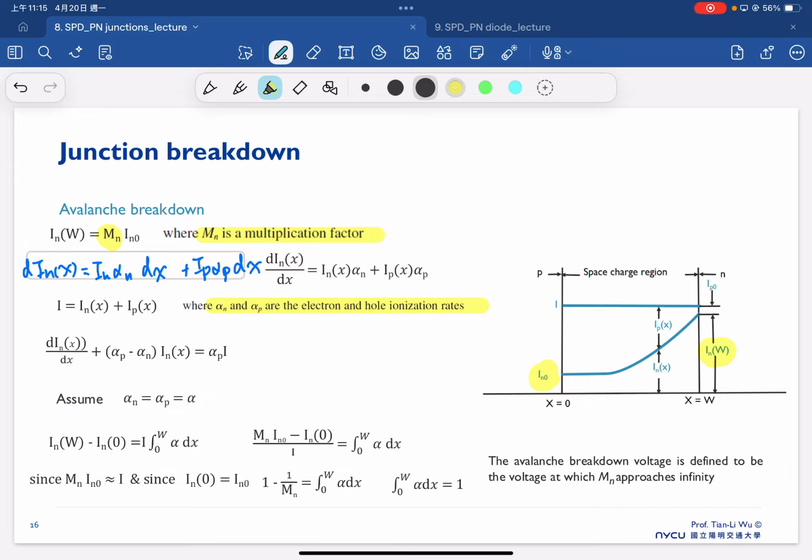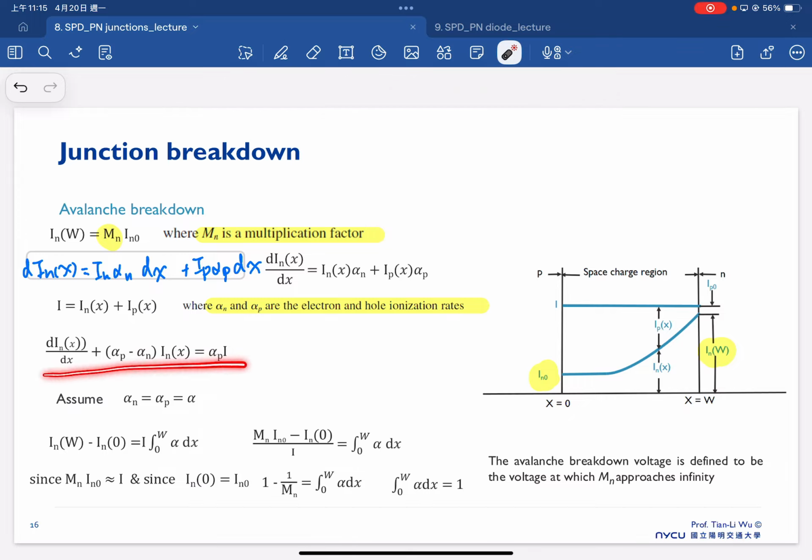Finally, we can have this one, and here we assume that the ionization rates for electron and hole are the same, which is equal to alpha. So in the end, we can have this equation.